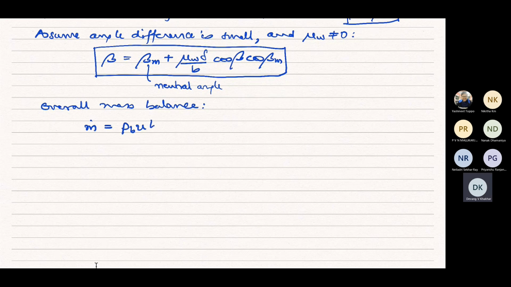So this is going to be the mass flow rate in the layer.